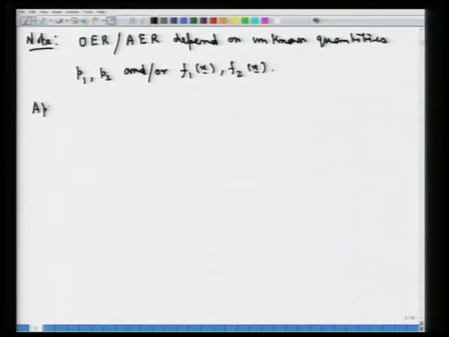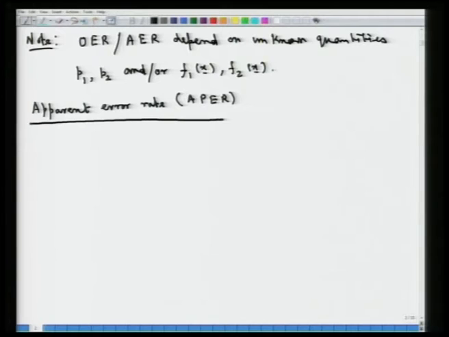Now, a measure that is defined as an apparent error rate, or APER. This is a measure that is going to be based on the sample data, and after the classification has been done, one actually would look at the proportion of misclassifications that is being done based on such a measure.